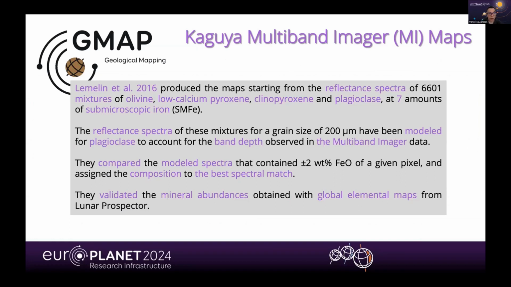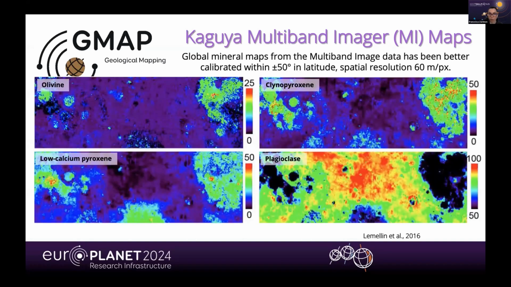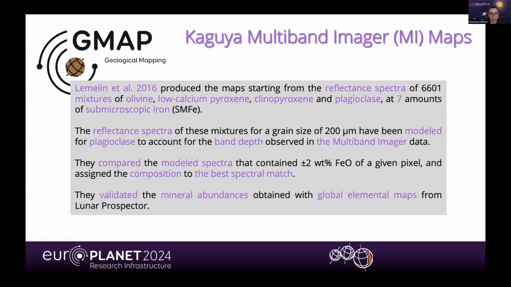Then they modeled the reflectance spectra from the multi-imager camera with those of the mixture, and they compare the modeled spectra with the assigned composition for each spectrum. And then they validated the model using the abundances obtained by the global elemental maps from Lunar Prospector. And in this way, they obtain this kind of maps from a multi-imager band.